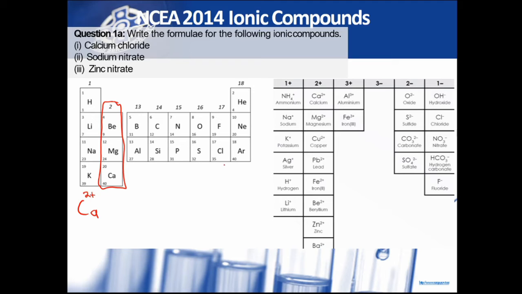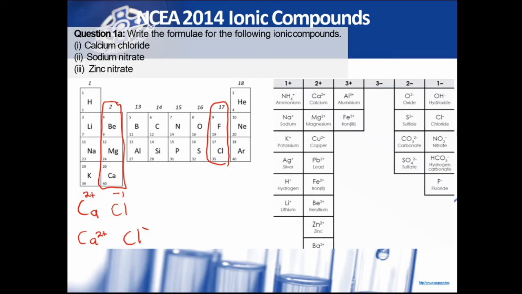Chlorine sits in group 17. And if you're in group 17, how many electrons in your valence shell? 7. And how many do you want? You want 1. So the ions that it will create are going to be Ca2+ and Cl minus.